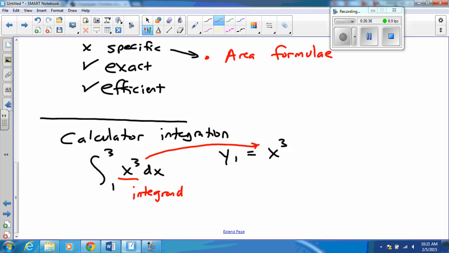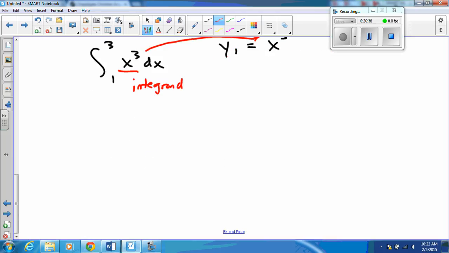Having done that, you're going to go down to the option that you've probably seen before in the calc menu, second calc. You're going to scroll down to, I think it's option 7, not dy dx, integral of f of x dx, just like that. And you're going to hit enter.